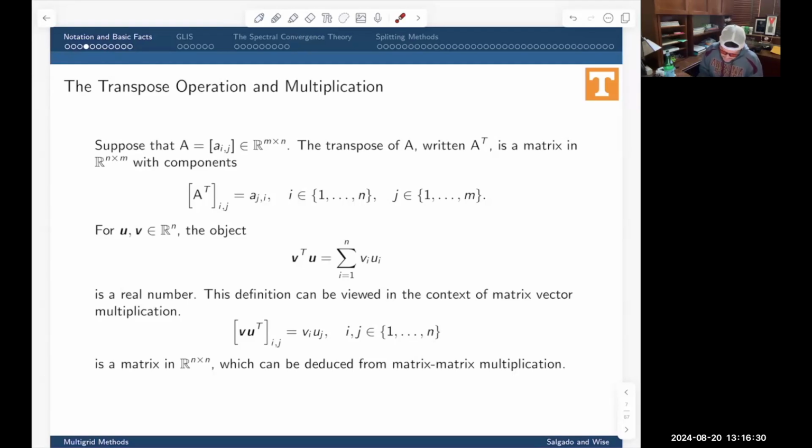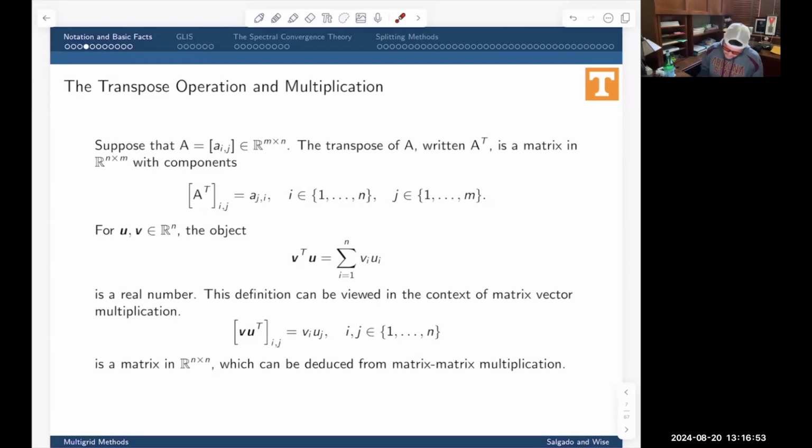So for example, if I start out with two column vectors, u and v, and I transpose that column vector, it becomes a row vector. And so then I can take a row vector and multiply it times a column vector to get a number. So this is really just the dot product, right? Again, all elementary stuff, but showcasing the notation, how I use it.